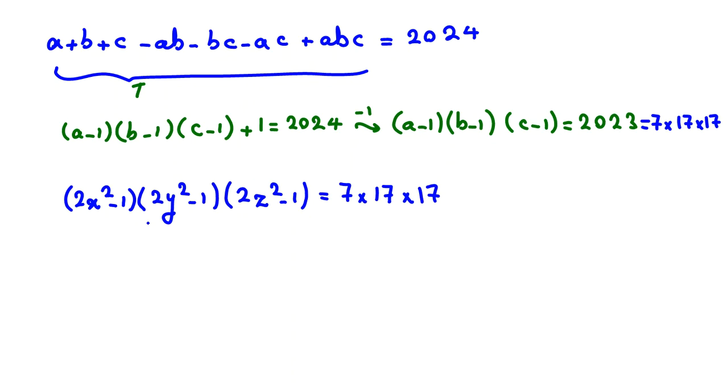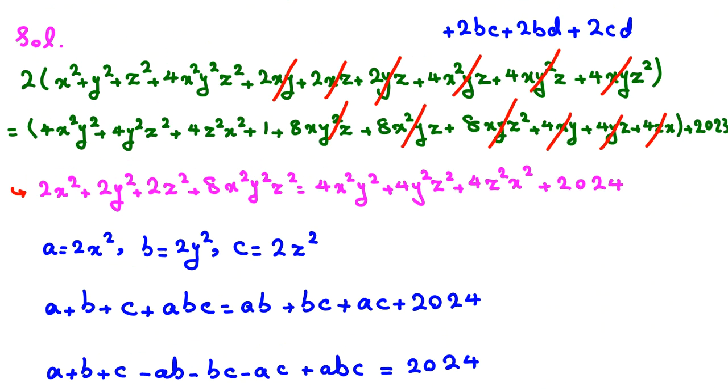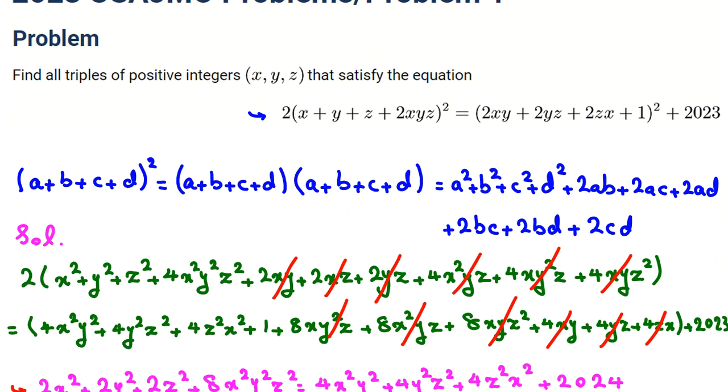For one of them, I want to see which cases are possible. For example, 2x squared minus 1. Can it be 1? Can it be 7? Let's write the number of divisors here. The number is 7 times 17 squared. We know x, y, z are positive integers, I think. Yes, positive integers.